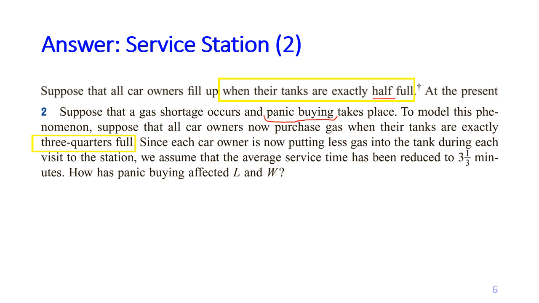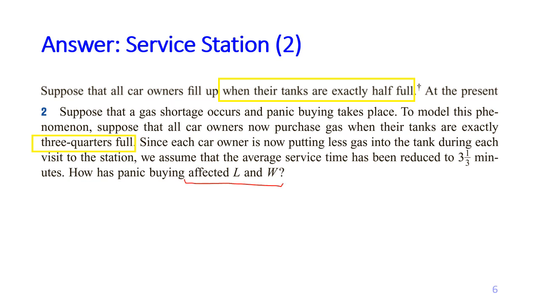So previously it was half full and then they purchased the gas, but now when it reaches 3/4 full, they come back to this station and fill up their tanks again until it's full. The question is how this panic buying has affected L and W.